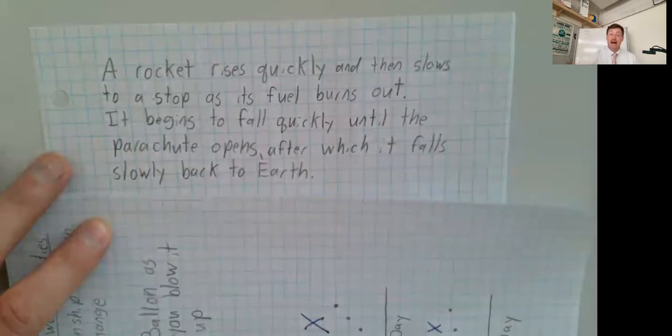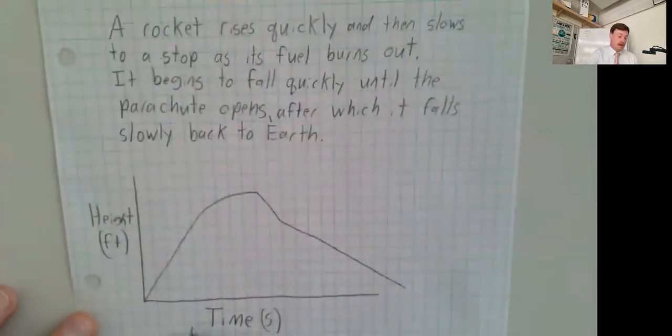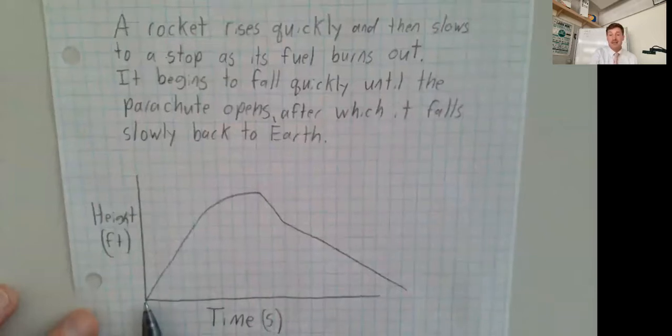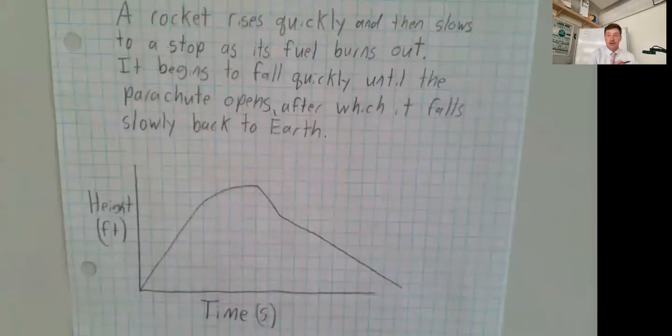So height and time are my two variables, and that's what I'm going to represent here in my graph. Time is almost always on the x-axis, and the height of the rocket makes sense on the y-axis, because y is the vertical axis, representative of how high something is.